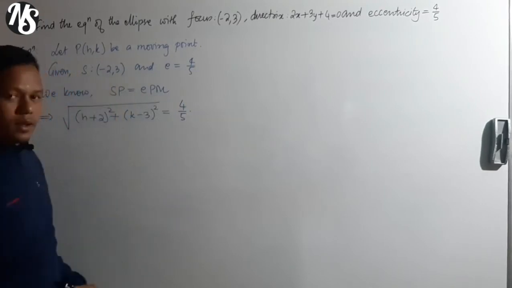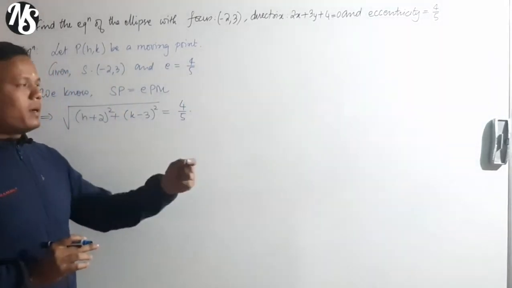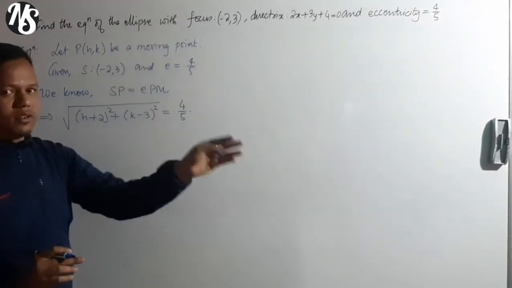Now PM. What do you mean by PM? PM is the perpendicular distance of the point P to the directrix.